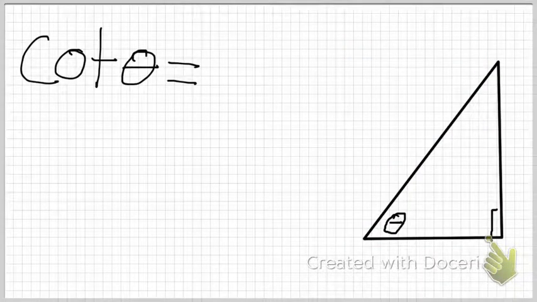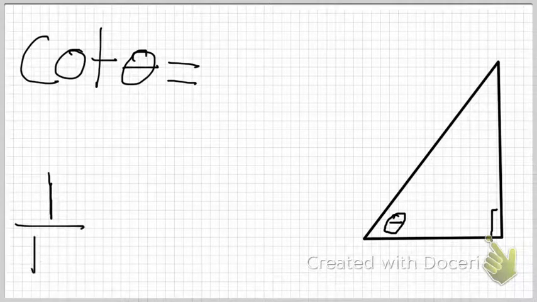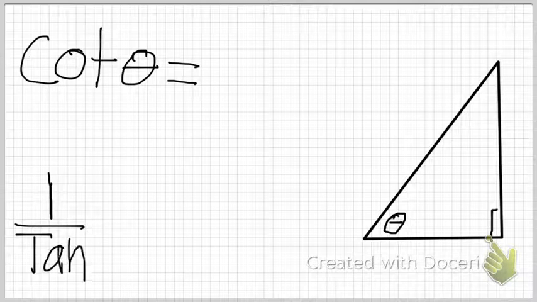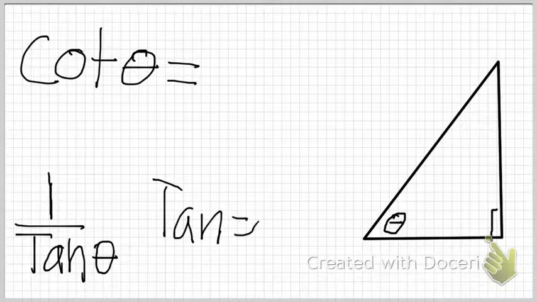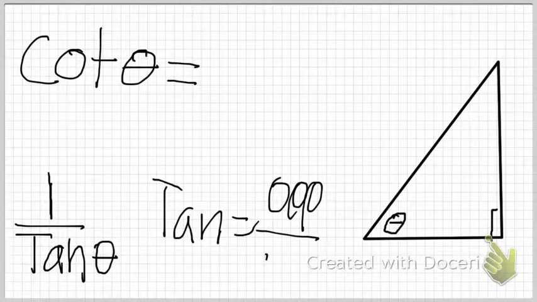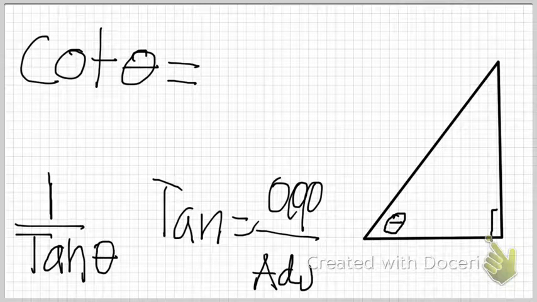And now for cotangent of theta. Cotangent of theta is also another one of the trig ratios that's a reverse, and it's a reverse of tangent of theta. Now we know that tangent of theta is opposite over adjacent. But we're not finding tangent of theta, right?